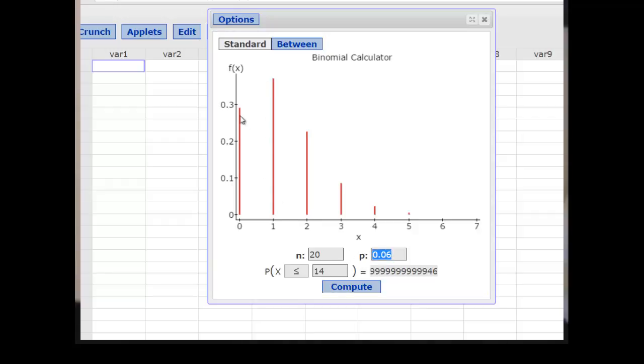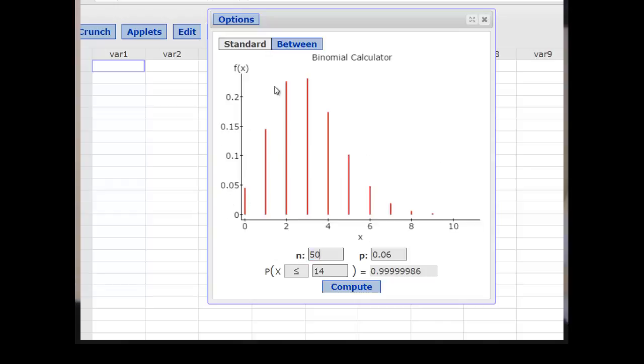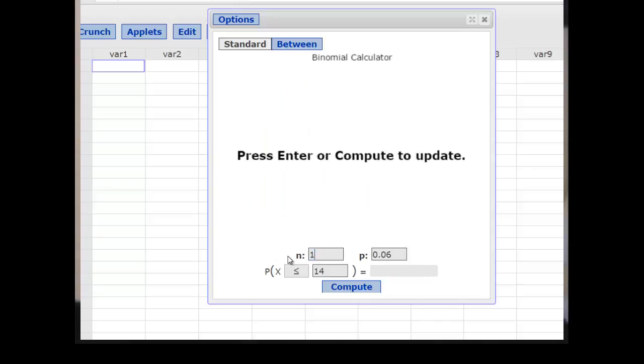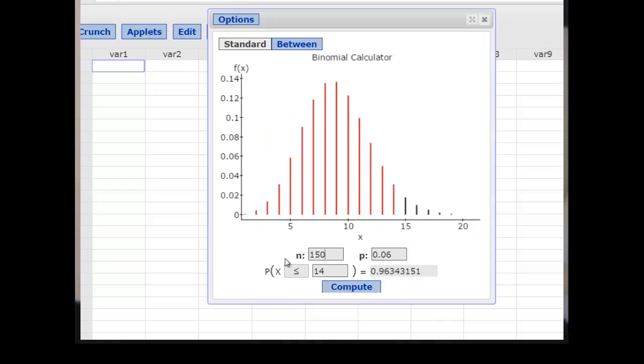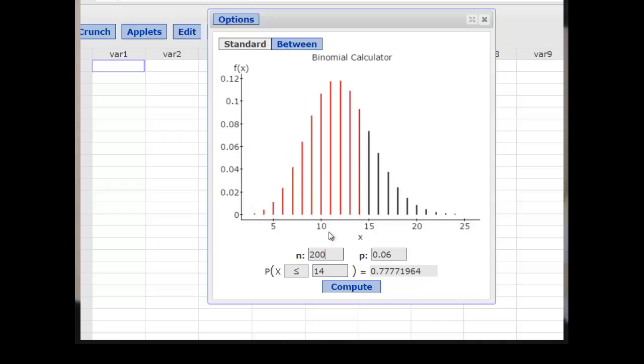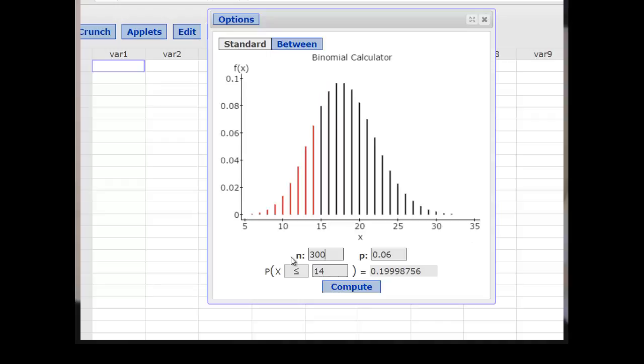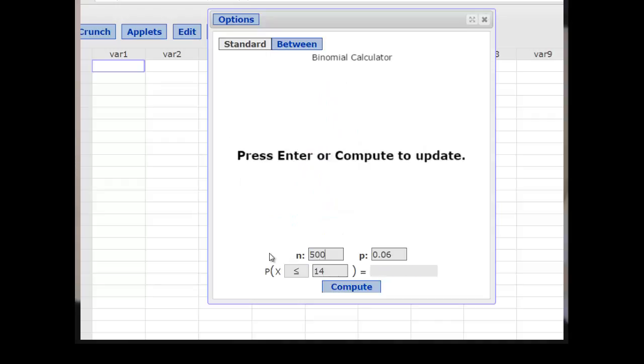But you can definitely see that this is right skewed. With 5 people, it was right skewed. 20 people, right skewed. Let's try 50 people, still right skewed. Let's try 100 people. Hey, look what's happening. It is becoming more and more normal. If I have 200 people, this really looks a little bit more like a normal curve. If I have 300 people, even more normal.